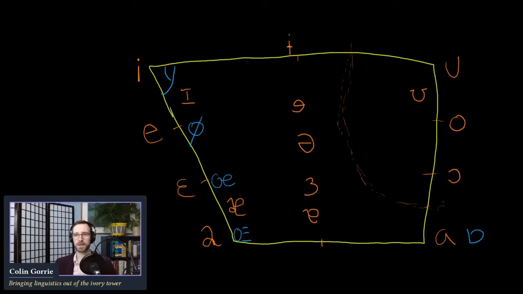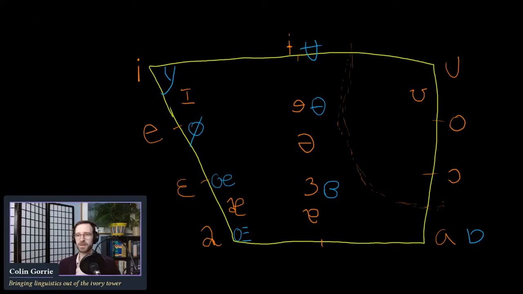We also have one here, and we have one here. Oh, and sorry, we have one here as well. Then we have the unrounded equivalents of the ordinarily rounded back vowels. So that I'm just going to give them a slightly different color here.